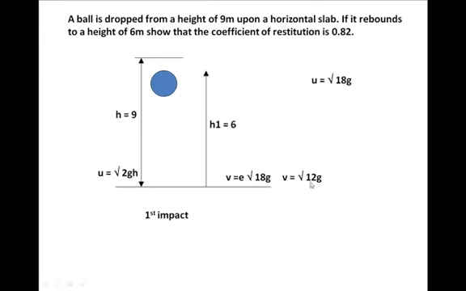And therefore equating these two, we can easily find the value of e, which comes to 0.82. A simple problem really, but just to demonstrate how you work on a situation where a finite body is having impact or collision with infinite mass. Thank you.